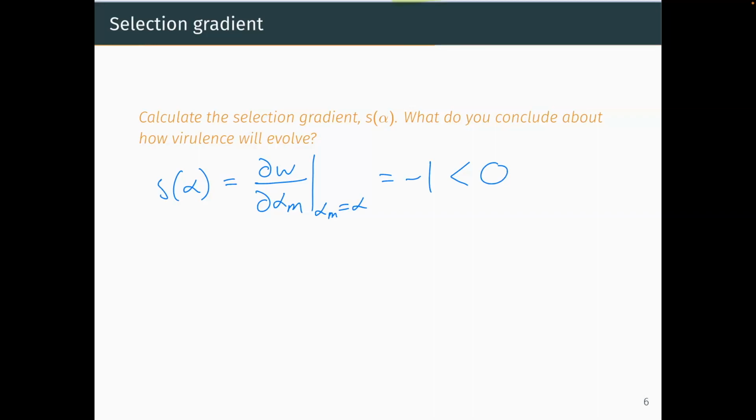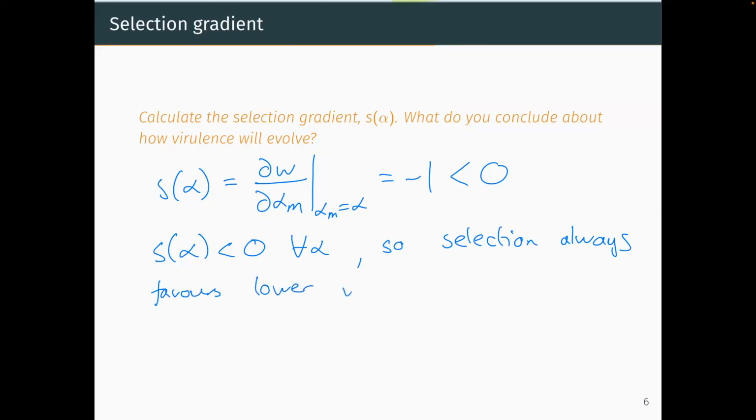Now, it doesn't make sense to have negative death rates, so this will tend towards 0. The selection gradient is negative for all alpha. So selection always favors lower virulence. In other words, alpha will tend towards 0 in the long term.